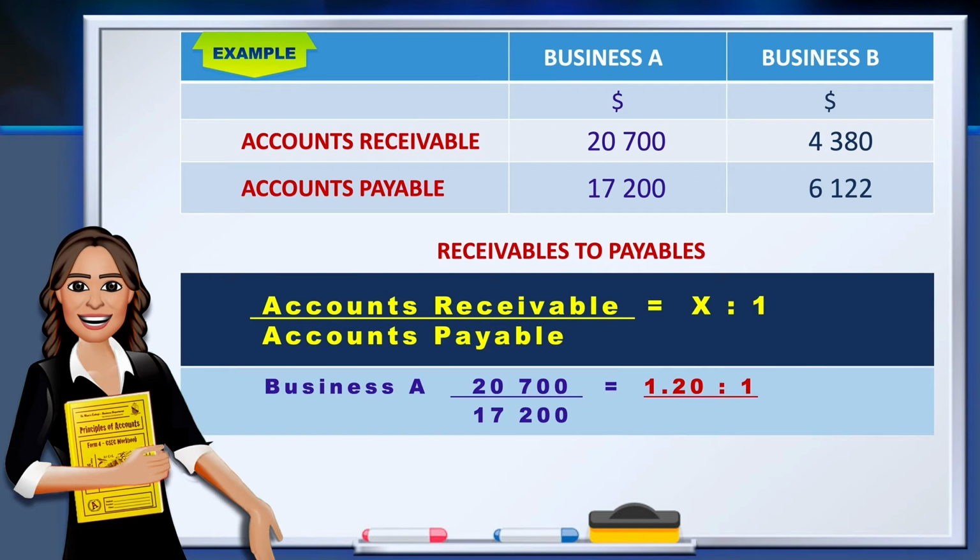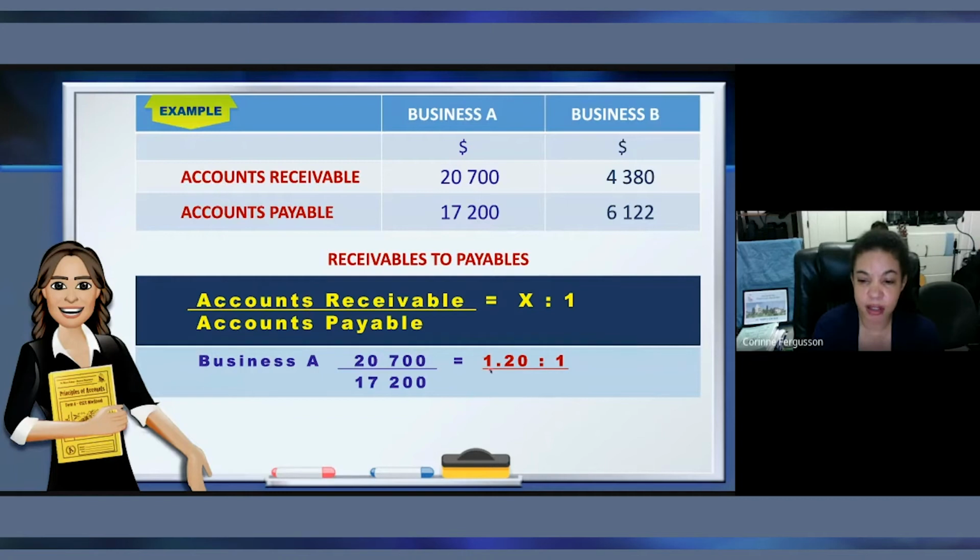For business A, the receivable 20,700 over the payable 17,200 gave the answer of 1.20, add your colon 1. That means that more credit is given than received.